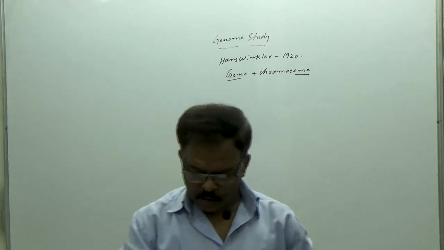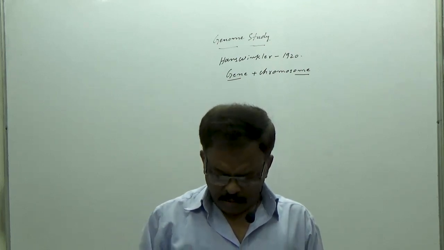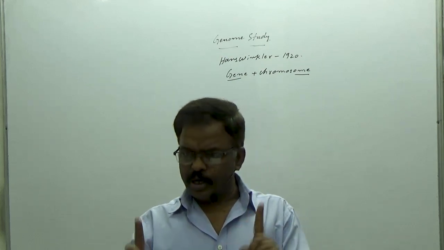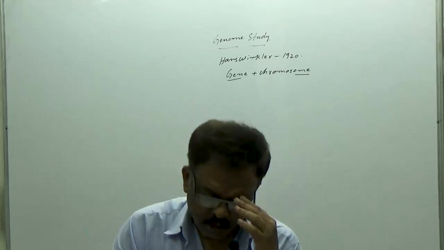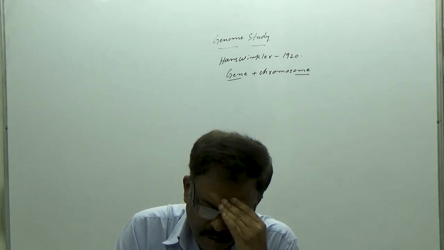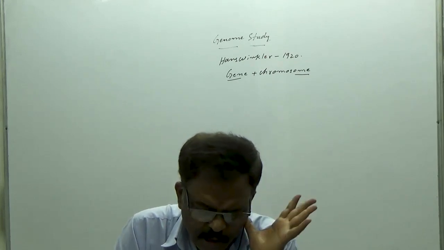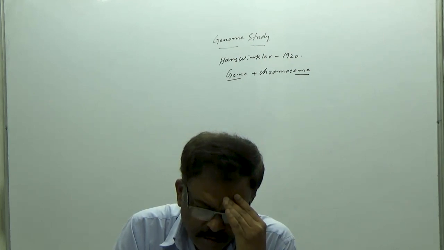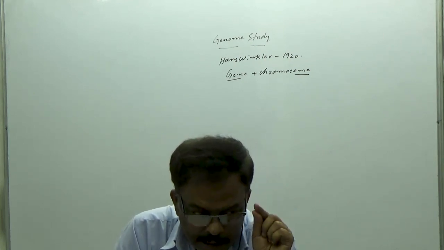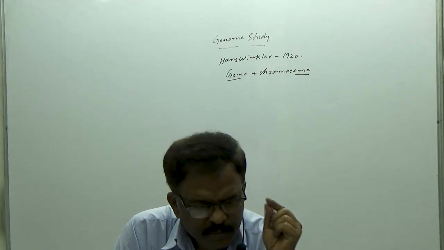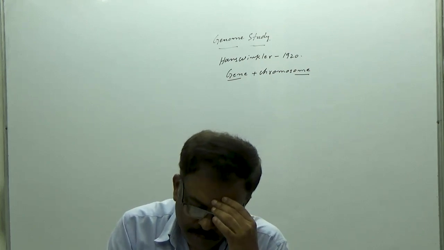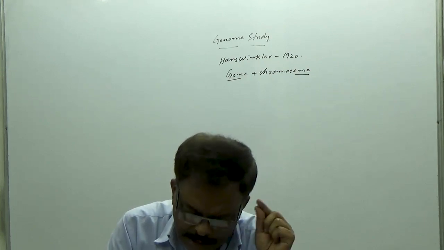Then what is genome? Very simple. The total genetic constitution of an individual is known as genome. Write it: total genetic constitution of an individual is known as genome. That means total hereditary information encoded in DNA.